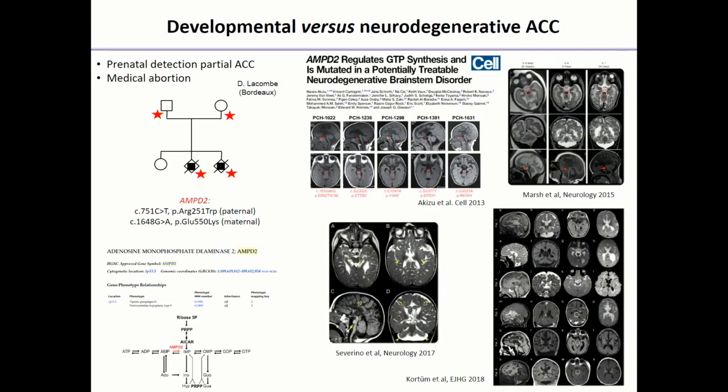And it has been described by the group of Joseph Gleeson in 2013 to cause a neurodegenerative disorder that is characterized by postnatal microcephaly, progressive spasticity, severe developmental delay without any motor skill acquisition, and also epilepsy, central visual impairment.